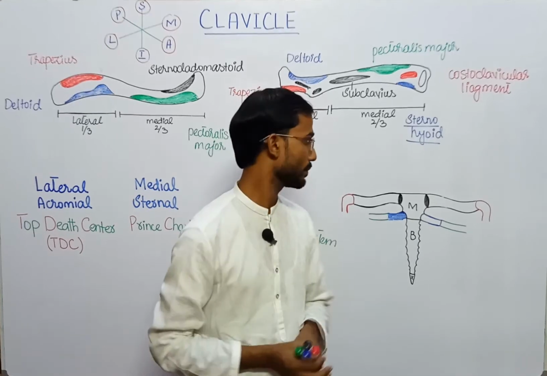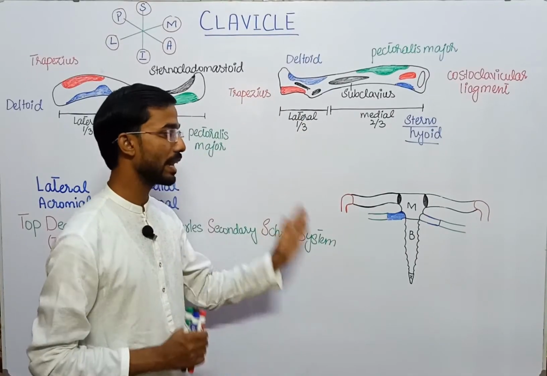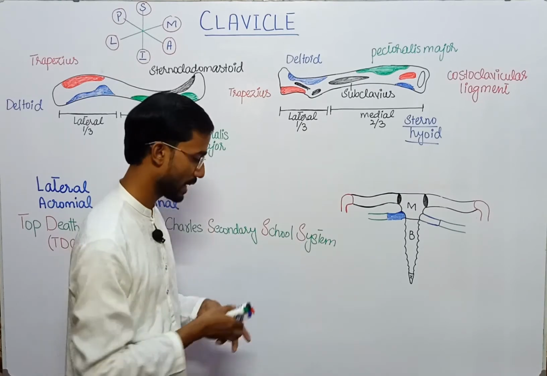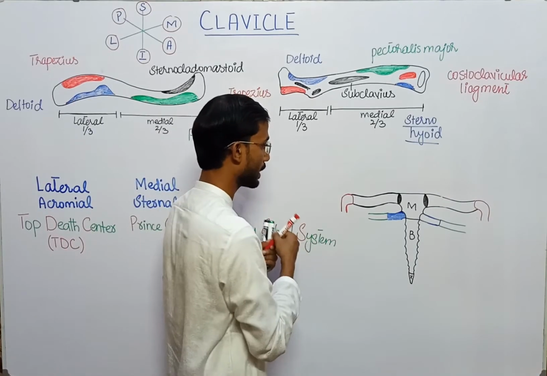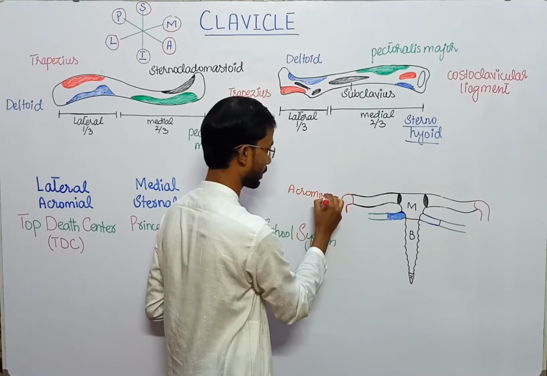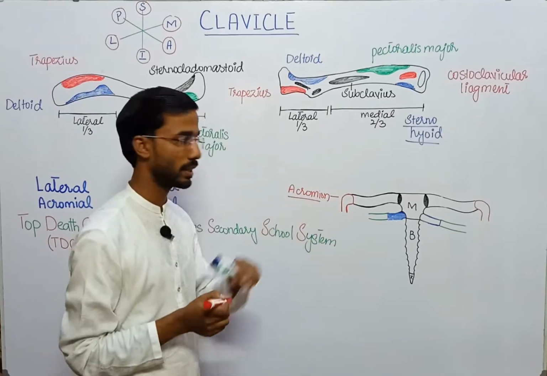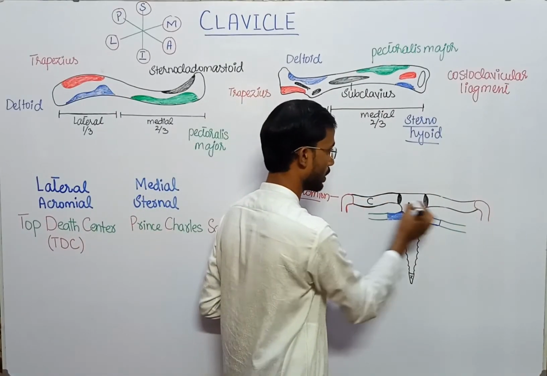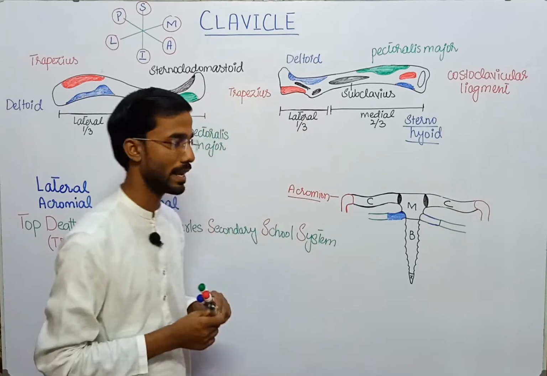Let's start. The clavicle is attached to the sternum and the acromion process of the scapula. Here you can see that this is the acromion, and this is the clavicle, right and left.